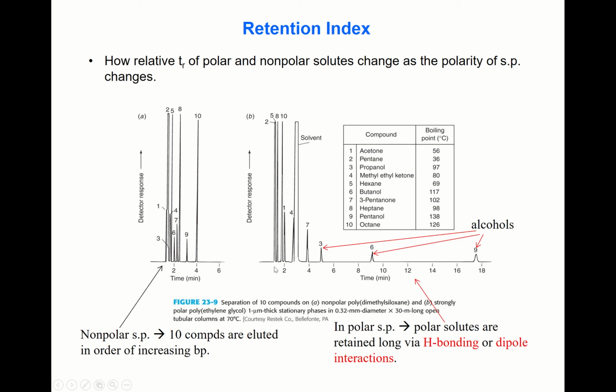As you see, both columns give rather good separation, and the separation order is quite different. Here, with the non-polar stationary phase, the elution order is roughly in order of increasing boiling point.